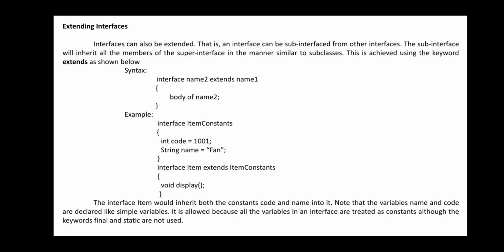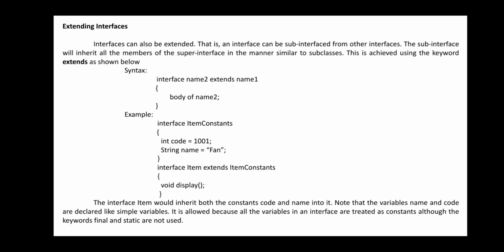So the first interface is defined with variables or field names. In the second interface you define the function, which is going to be extended from ItemConstants. Interface Item extends ItemConstants means this particular interface Item will call the interface ItemConstants.